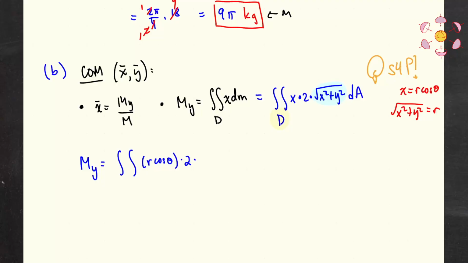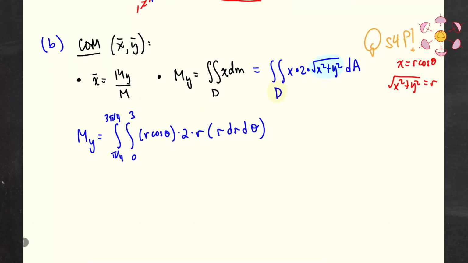So I pick up an r from the density. And then we've got r dr d theta. Just like last time, the order of dr and d theta doesn't quite matter. So theta's on the outside, pi over 4 to 3 pi over 4, and then 0 to 3 for r on the inside.